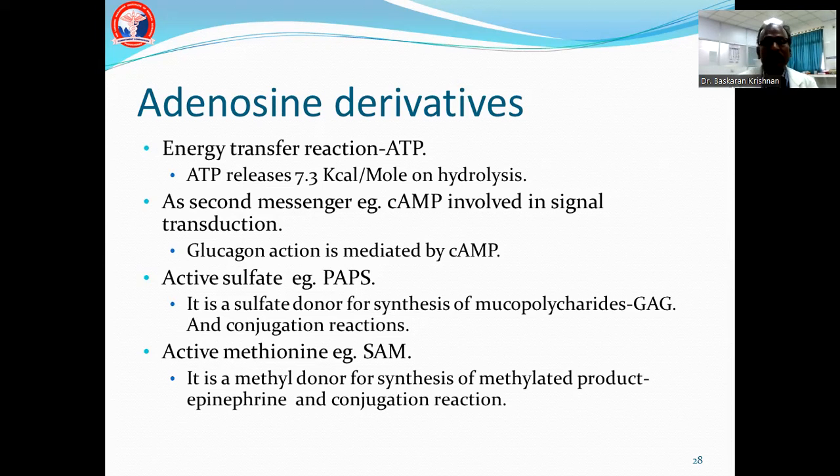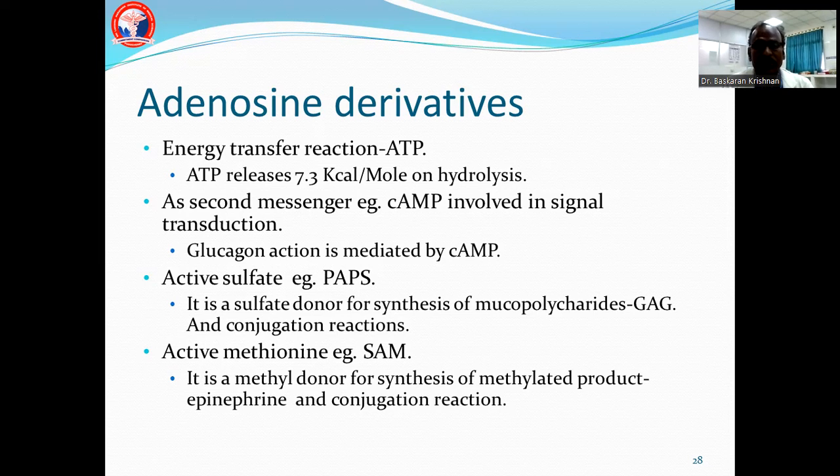Those are the general functions, but now we focus on the individual nucleotides. Adenosine derivatives, besides being building blocks of nucleic acids, are involved in energy transfer reactions. For example, ATP on hydrolysis releases 7.3 kilocalories, which is used for all energy requirements.